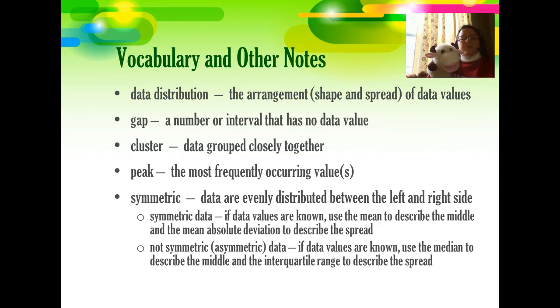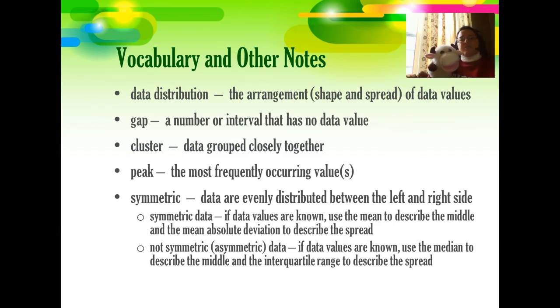If we have symmetric data and all the values of the data set are known, we can use the mean to describe the middle and something called the mean absolute deviation to describe the spread. The mean absolute deviation is found by calculating the distance of each data value from the mean and then finding the mean of all those numbers.